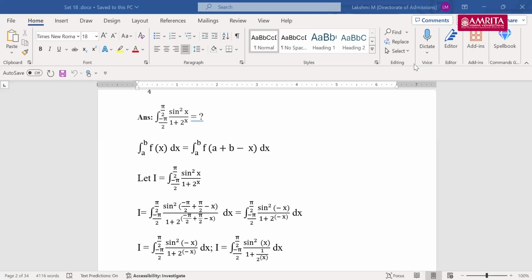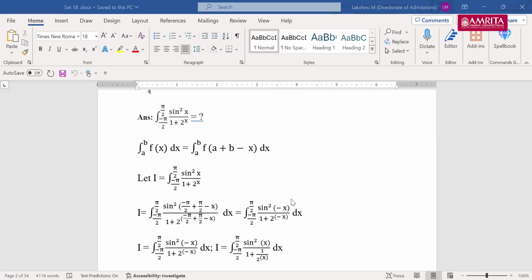We have started with, we have identified it as integral from minus pi by 2 to pi by 2 of f of x dx. So a plus b minus x, minus pi by 2 plus pi by 2 minus x. I've substituted it here and 2 raised to x. So the pi by 2 terms will get cancelled and here it's sin square of minus x and it's 2 raised to minus x. So this I'll be able to write as 1 plus 1 by 2 raised to x.